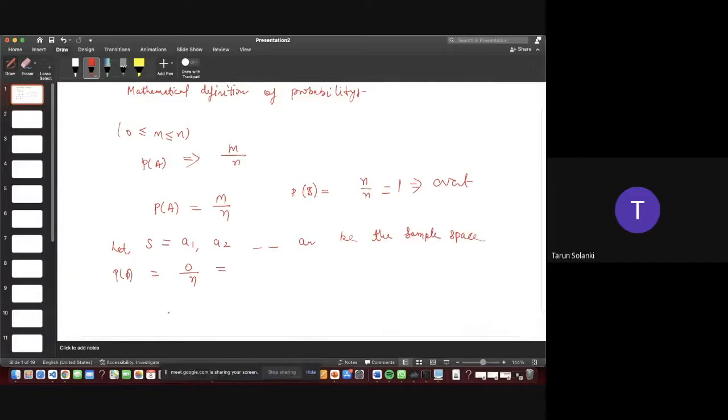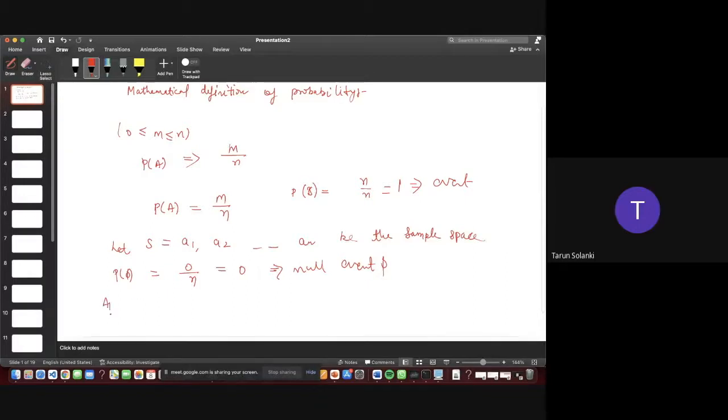P of phi is equal to 0 by n, which is 0, corresponding to the null event phi.